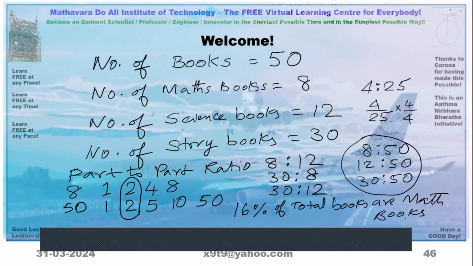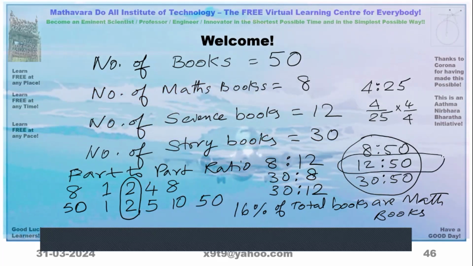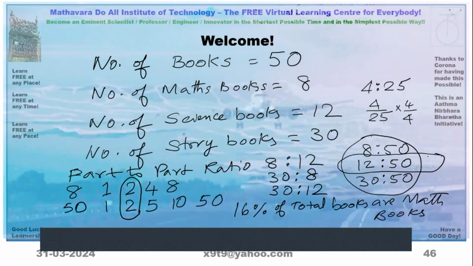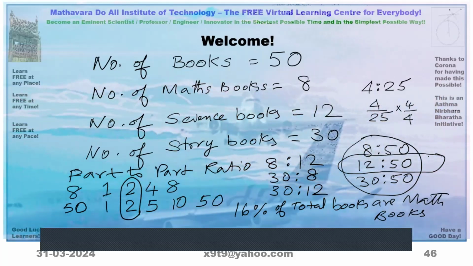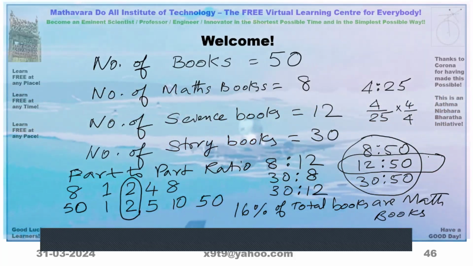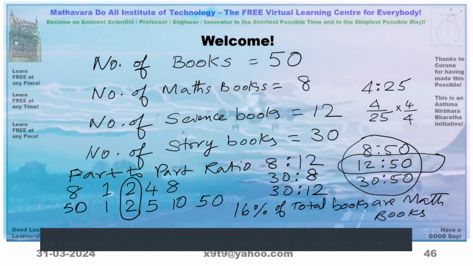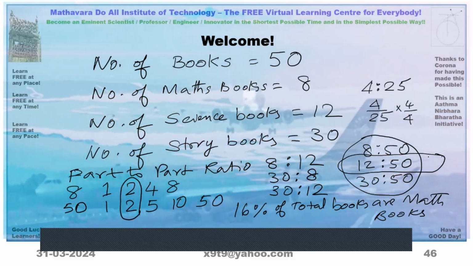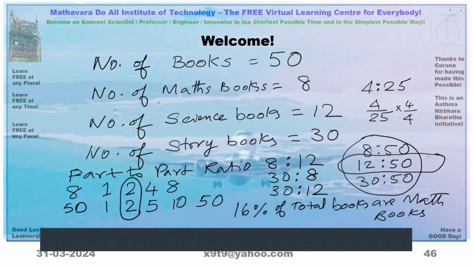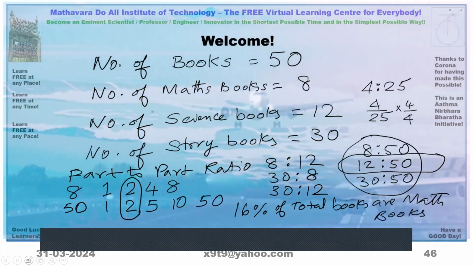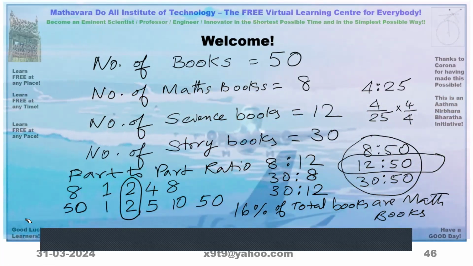Now, like this, can you do that simplification for this one? What is the greatest common factor for 12 and 50? Is it 2?